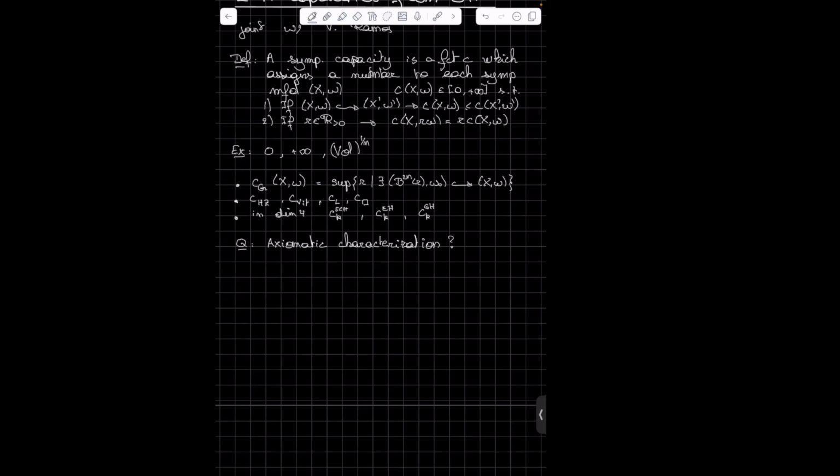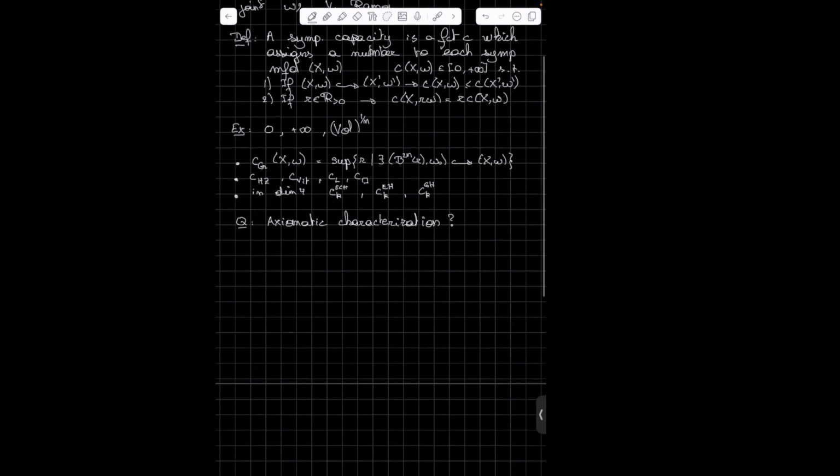And maybe let me motivate a bit more why characterization is interesting, or why I got interested in finding a characterization for symplectic capacity.